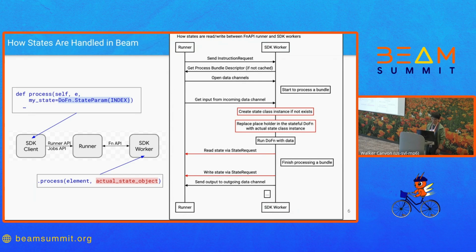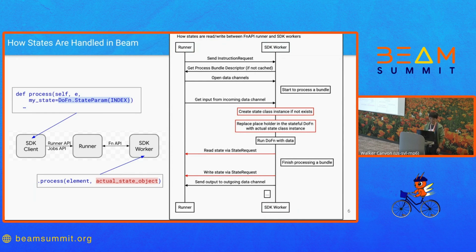The stateful DoFn is part of the payload there, and it gets passed from the runner to the SDK worker. Now the SDK worker unwraps the stateful DoFn. Before it executes the DoFn, it will first check the arguments. And if it sees there's a state placeholder, it will replace it with the actual state object.